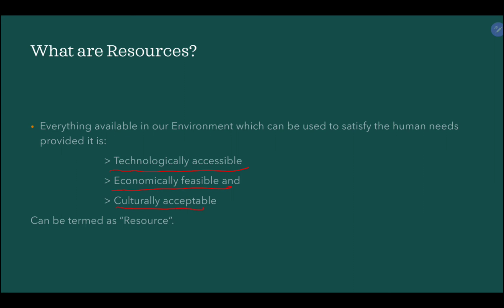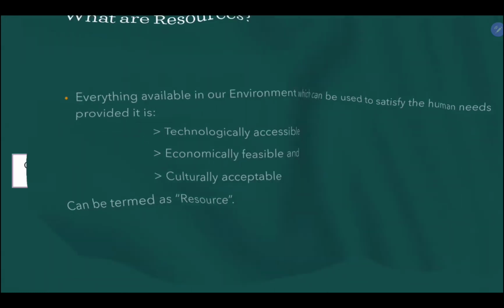So finally, everything available in our environment which can be used to satisfy human needs, provided it is technologically accessible, economically feasible, and culturally acceptable, can be termed a resource.